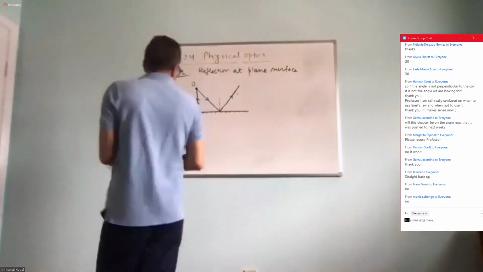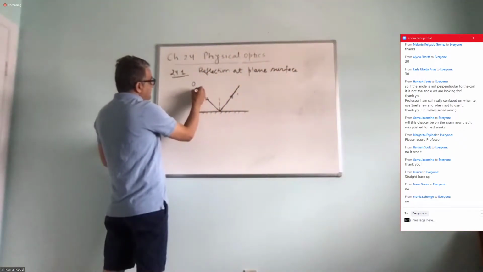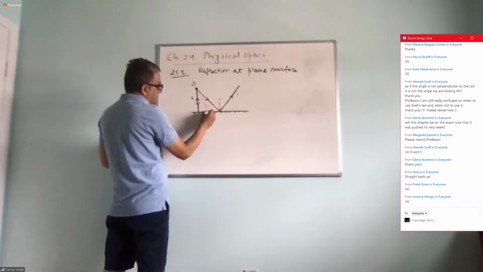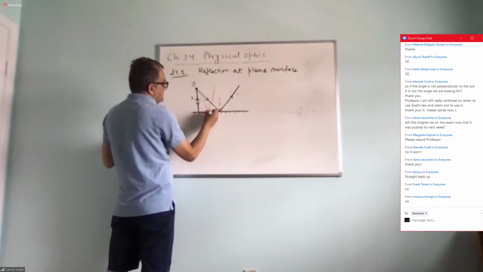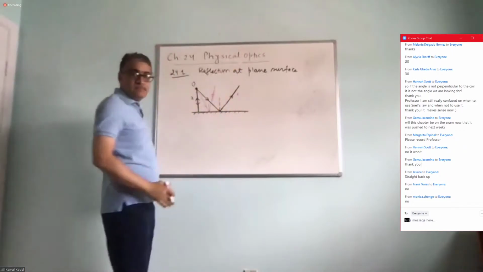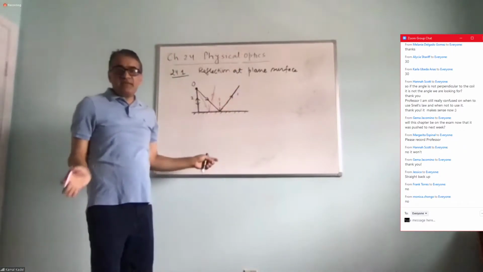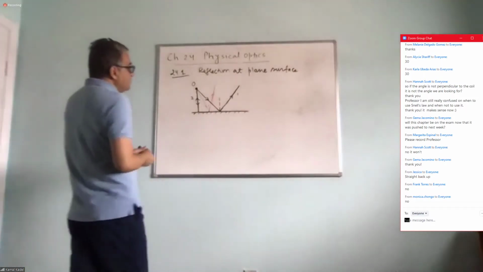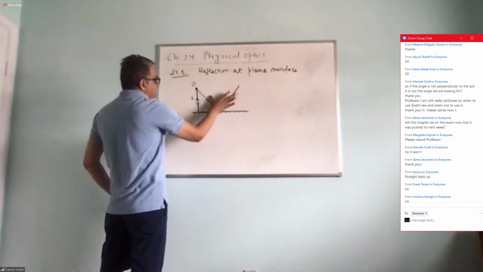Just for your idea, if I draw another ray like this, then you have to draw a normal here, then that will go like this. You see? Now, can these rays meet? No, these three rays cannot meet because they are divergent, right? So we don't need three rays to understand. I can have only two rays.